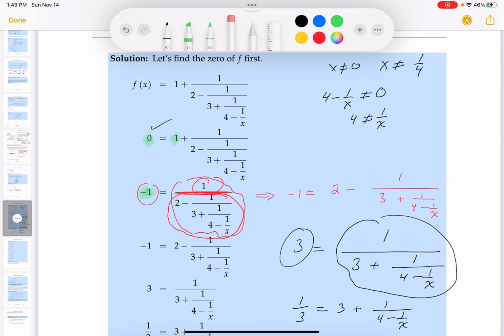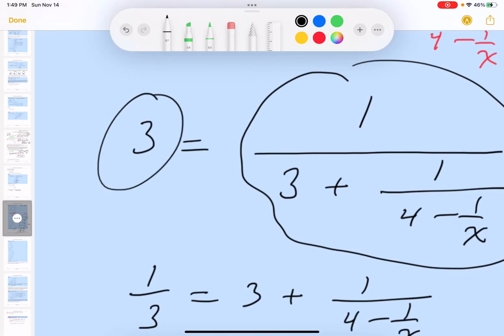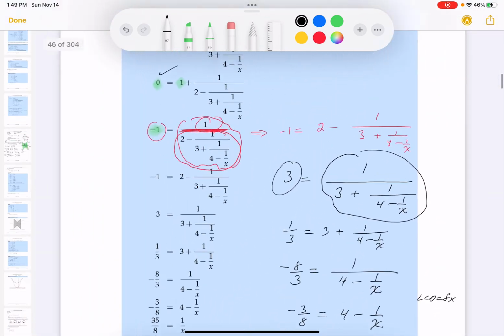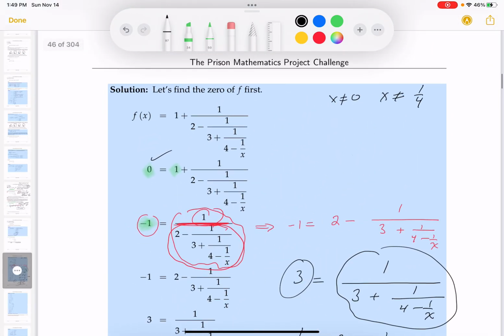All right? I'm going to start to erase things. I'm done with this. What else do I know? And let me write this over here for you. I know that, whoops, I didn't mean to blow it up that much. I also know that 3 plus 1 over 4 minus 1 over x can't be 0.